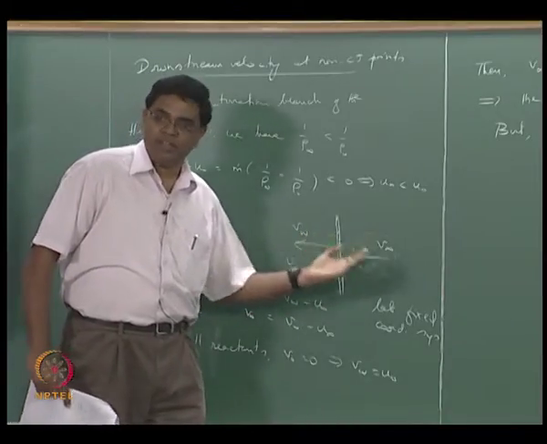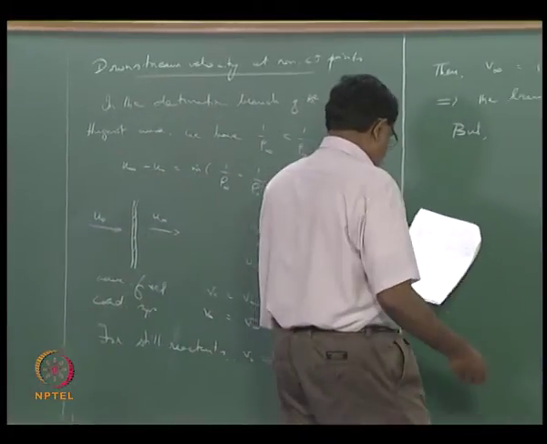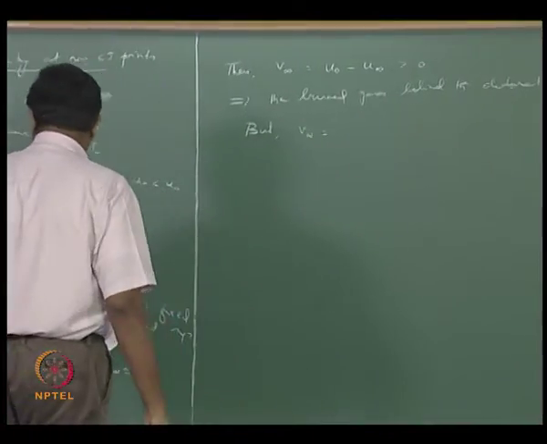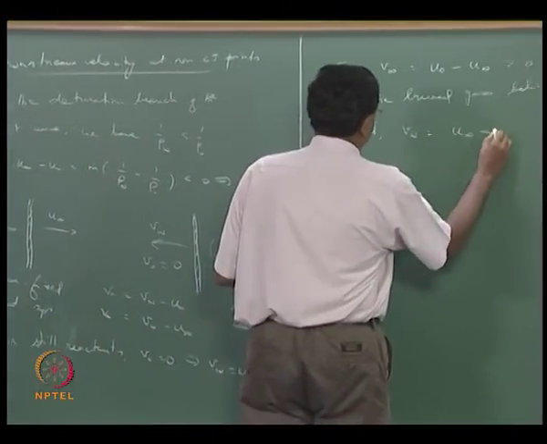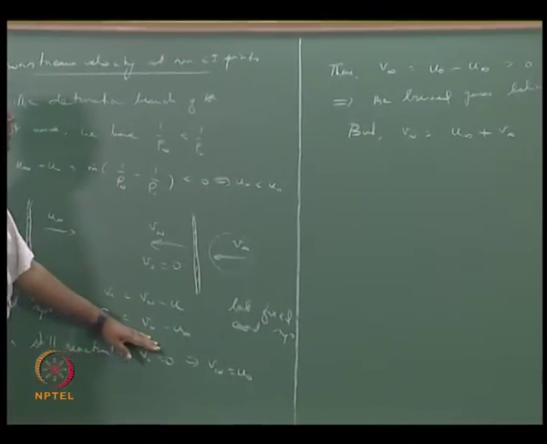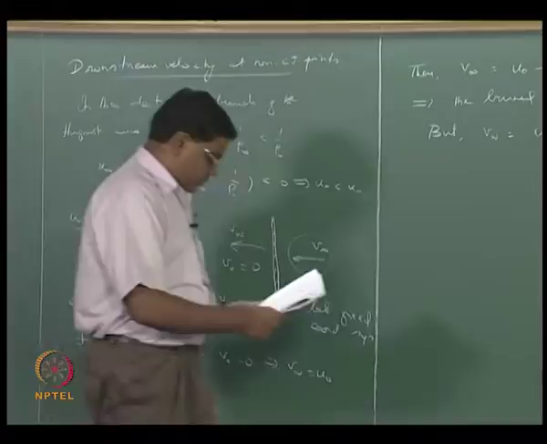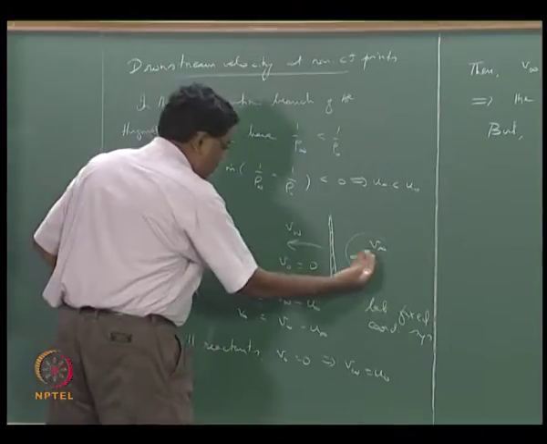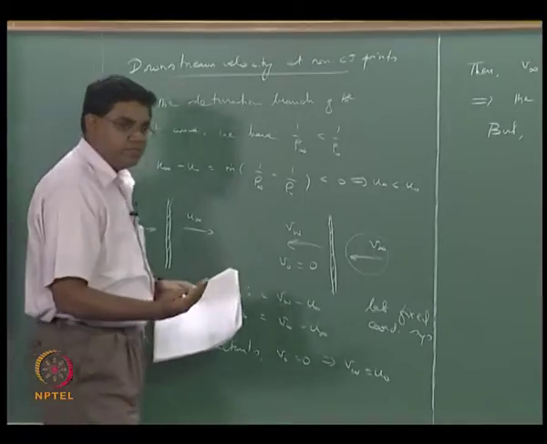But what's going to happen in reality? The question is, what do we have for the V wave? V wave is equal to u infinity plus V infinity, right. So if you use this one here, you can find that V wave is basically V infinity plus u infinity, and we find that both your u infinity and V infinity, the way they are defined in these two coordinate systems, are positive, right.